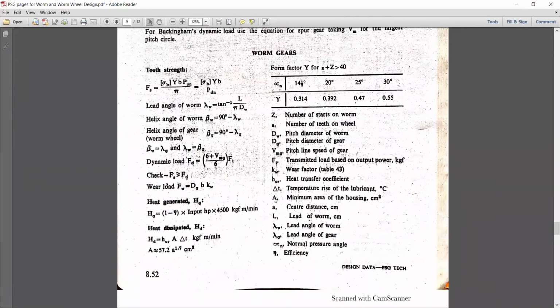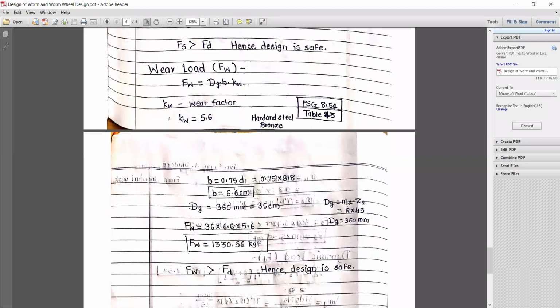Oh, sorry, this equation is not provided in PSG, so you need to learn this equation by heart. So here the wear load is given: Fw is equal to dg into b into kw.